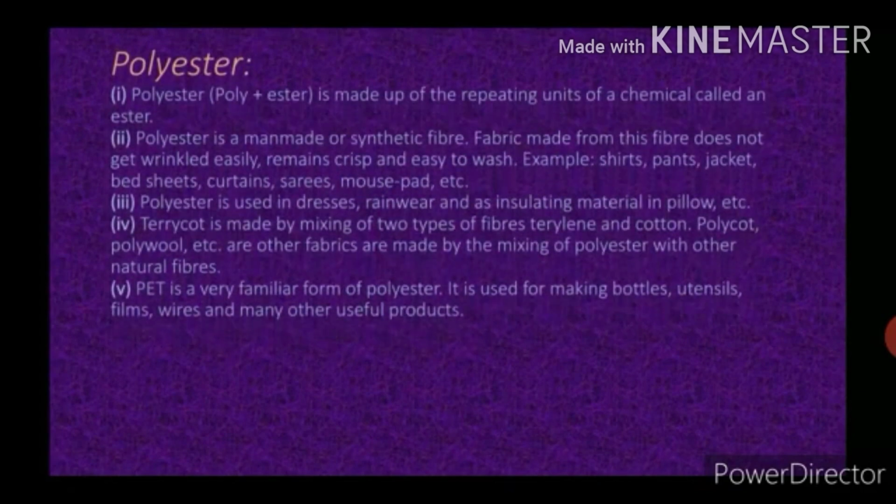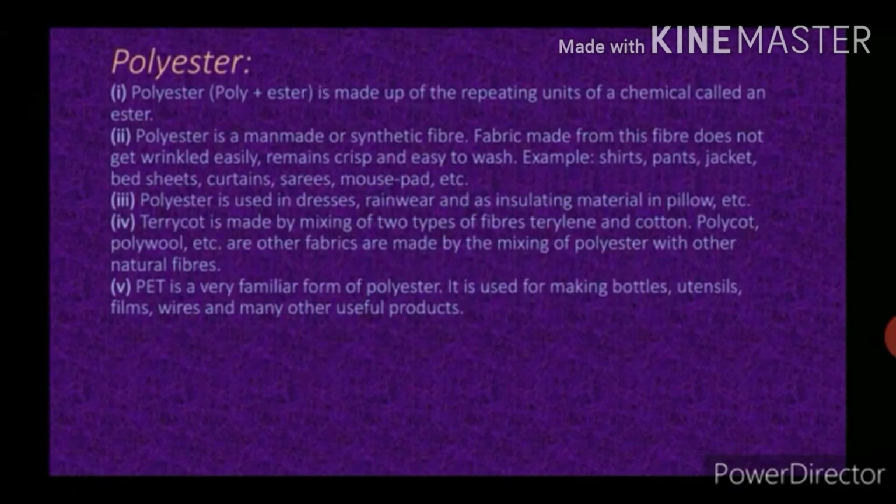Now, next synthetic fiber is polyester. Polyester is a polymer of many ester units, and ester is one chemical. It can be drawn into very fine fibers. Main characteristics of polyester are: it does not get wrinkled easily. It is very durable, resistant to most chemicals.